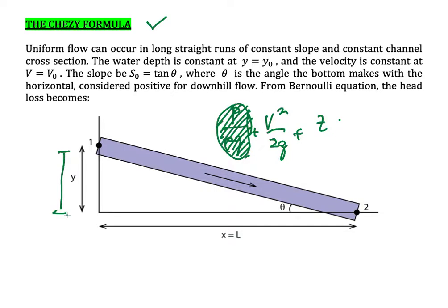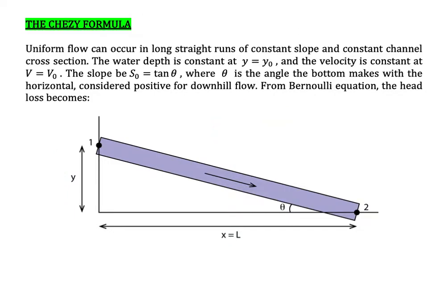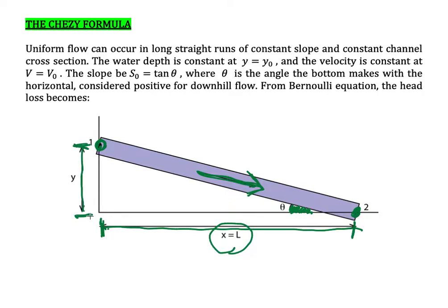Let's say we have a conduit, a drainage for example, like this one. We have point 1 here and point 2 here, and the length from point 1 to point 2 is x equal to L. Then we have the angle here to make sure that water can flow from the left to the right side, and Z is Y as shown in this figure.